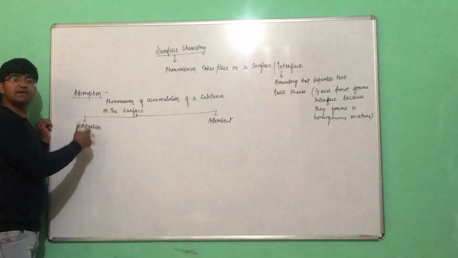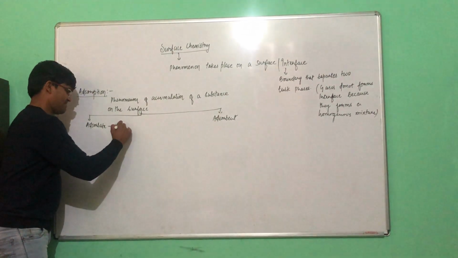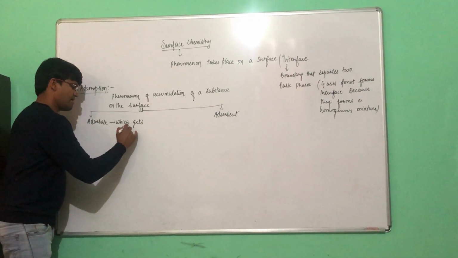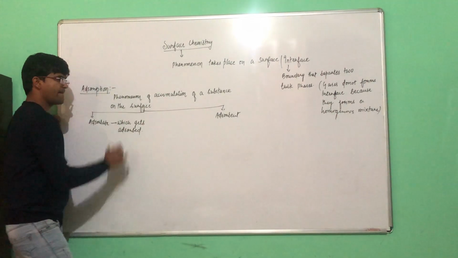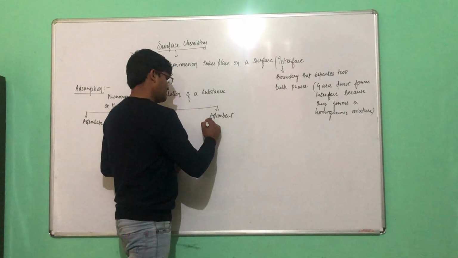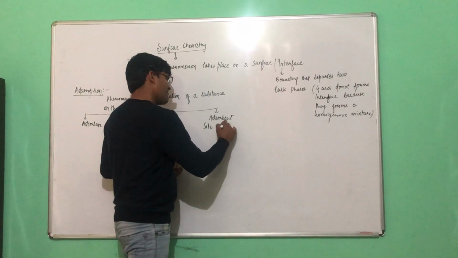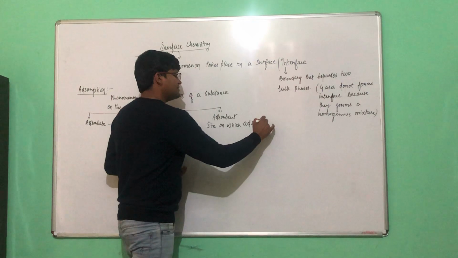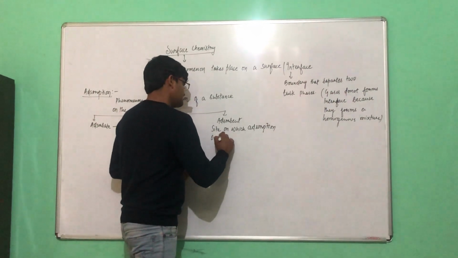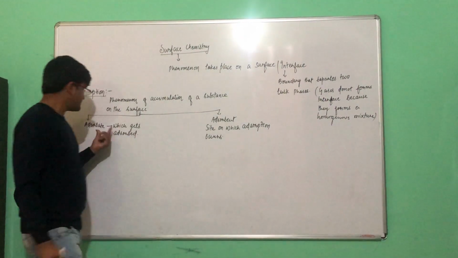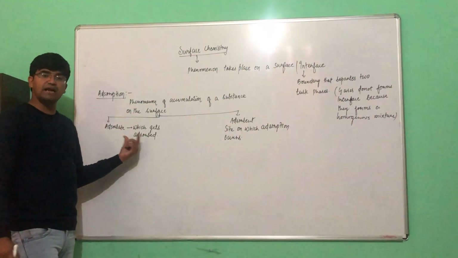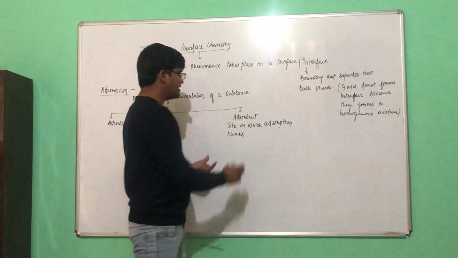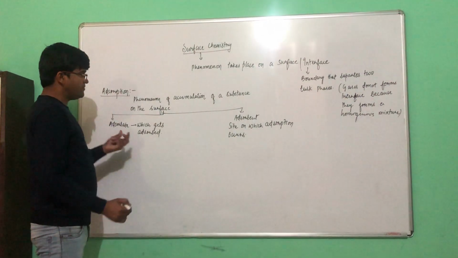Adsorbate is the substance that gets adsorbed on the surface, and adsorbent is the site on which adsorption occurs. The substance which gets adsorbed is known as adsorbate, and the site where adsorption occurs is known as adsorbent.